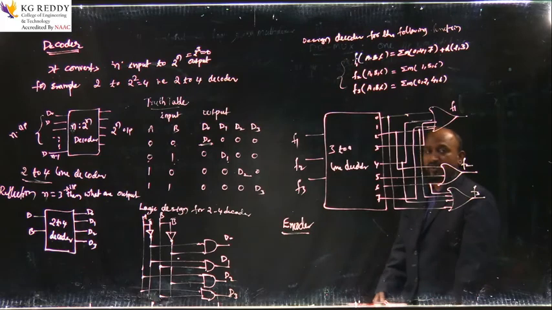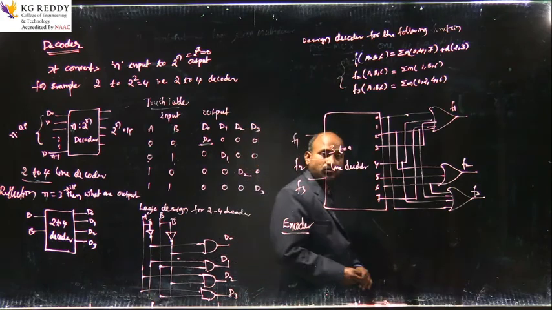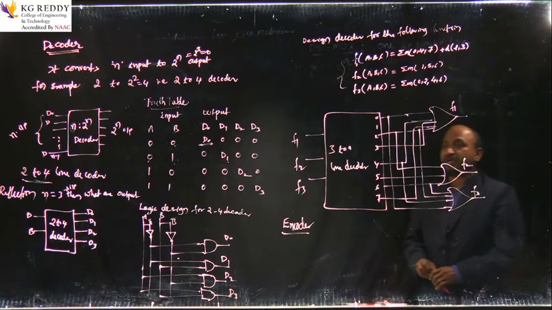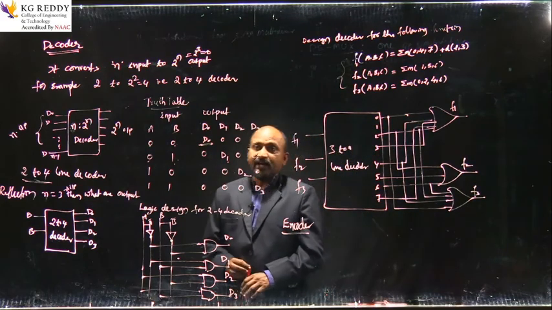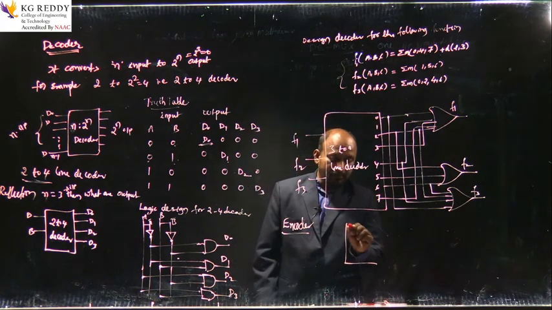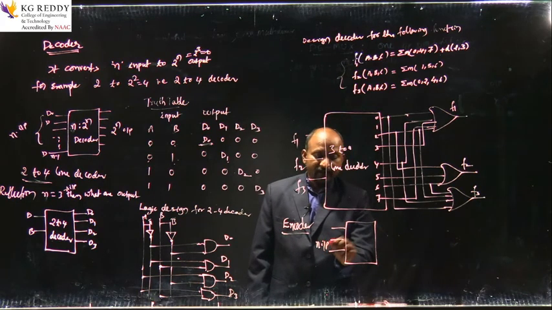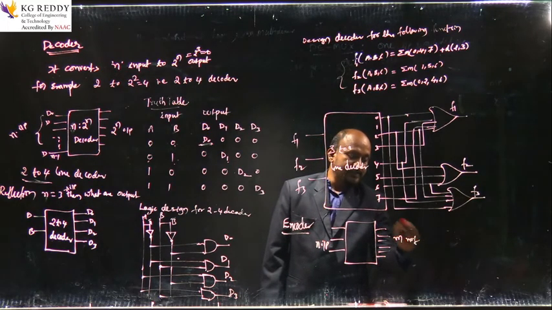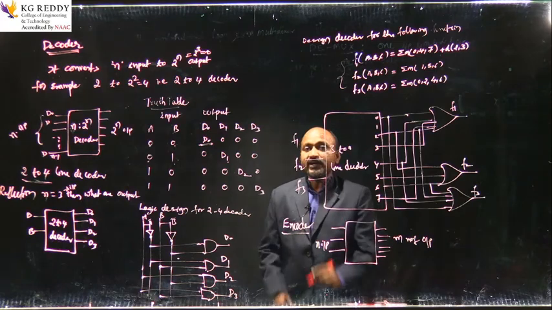It is also a combinational logic circuit, which is the inverse operation of the decoder. The block diagram of the encoder has n inputs and m outputs, the opposite of the decoder operation.